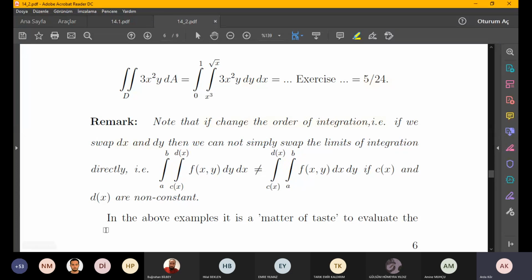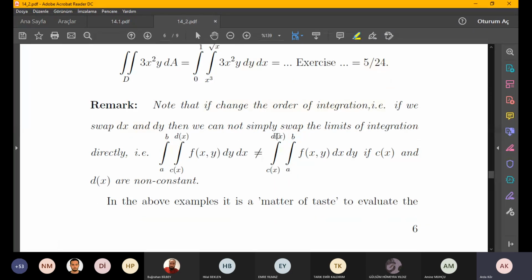So that is why you cannot write those double integrals like that. You cannot just swap the limits of integration as we can see here.